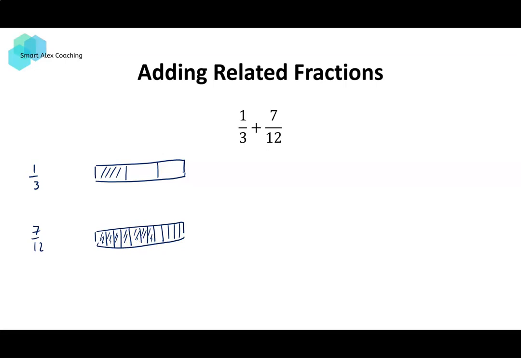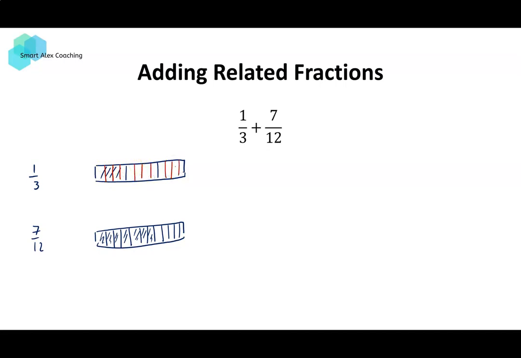Okay, but because these are different size units, what I'm going to have to do first is make sure to convert them all to equal size units. So what I can do with the fraction of a third is divide it further into 12 units as follows.